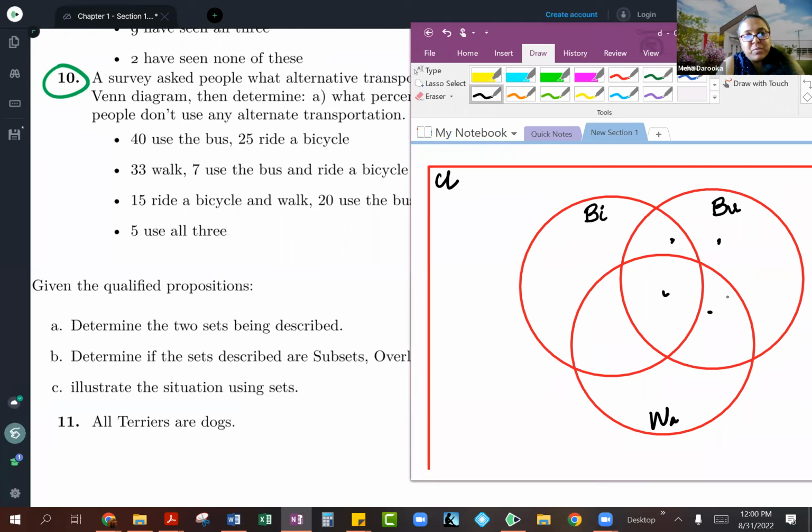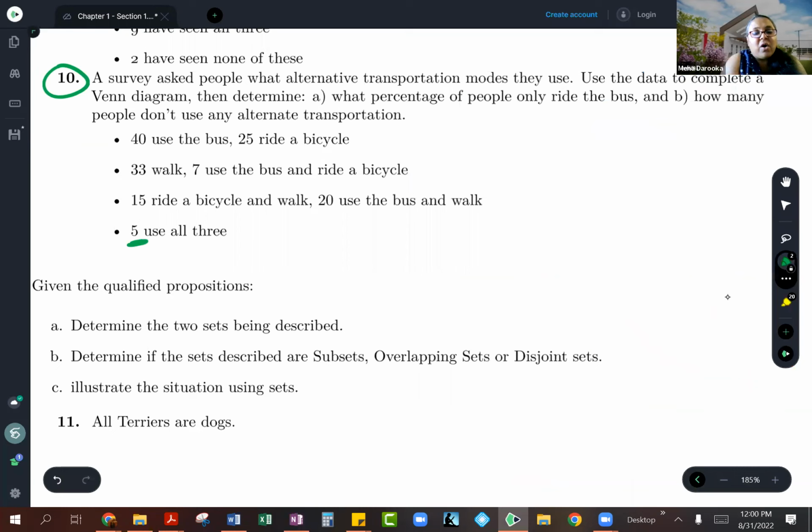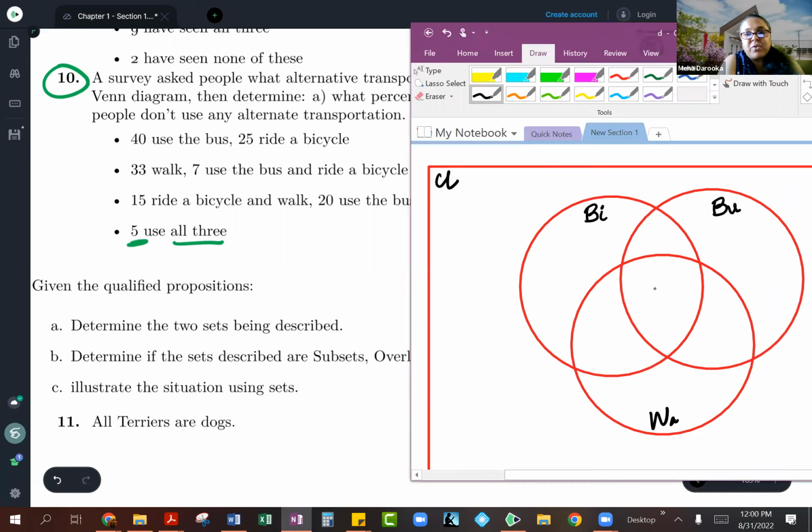So what you actually want to do is try and do the overlapping areas first. And even in that case, start with the one that says 5 are using all 3, because we know that's going to go right here in the center. If you can get those overlapping areas taken care of, then I will show you how you can do the only section of it.